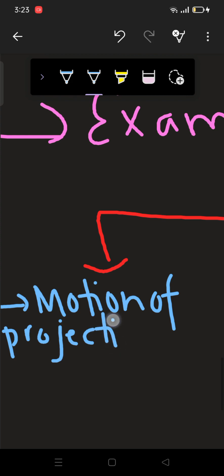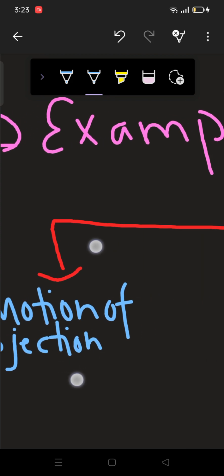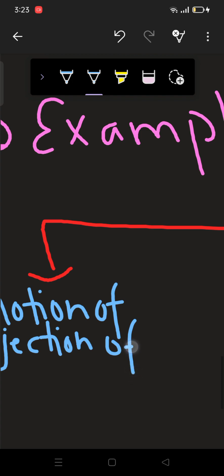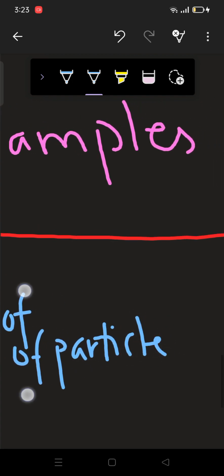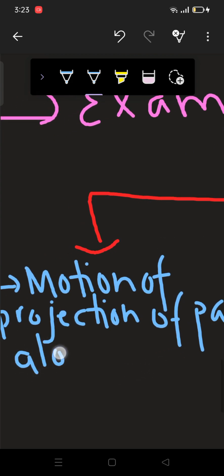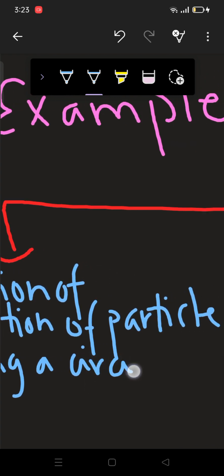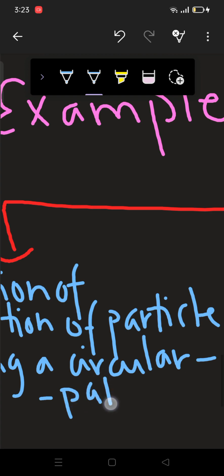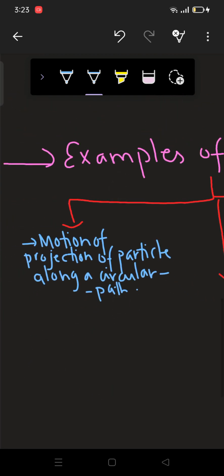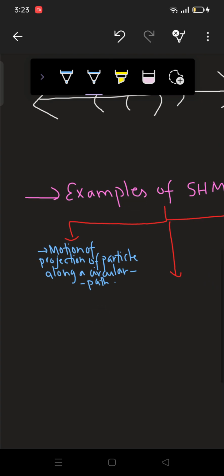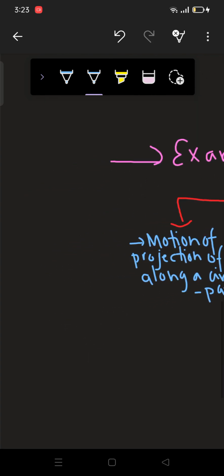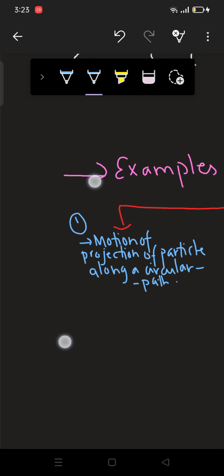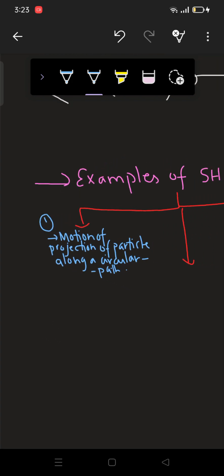We're going to discuss each and every example in great detail. See, the motion of projection of a particle along a circular path, or you can name this example as the connection between uniform circular motion and simple harmonic motion.